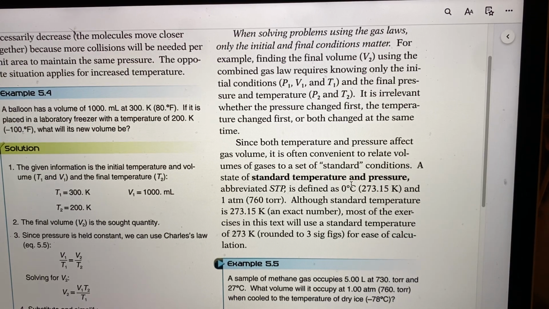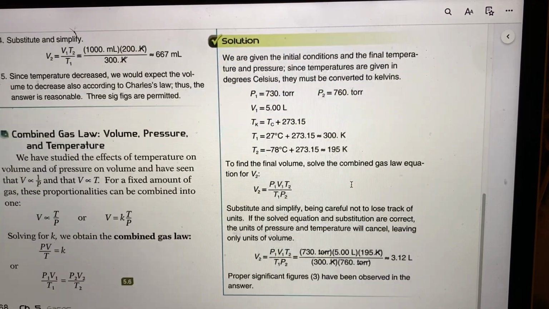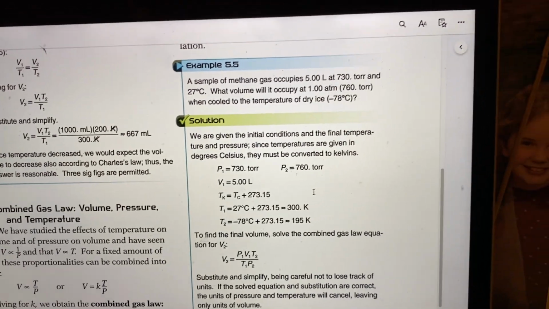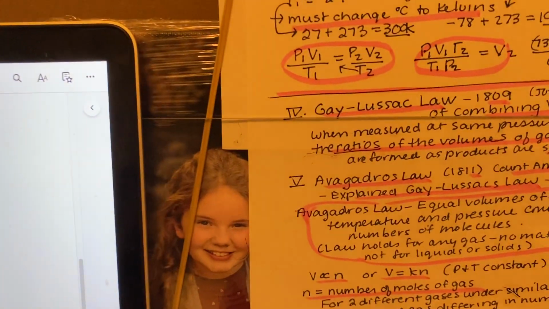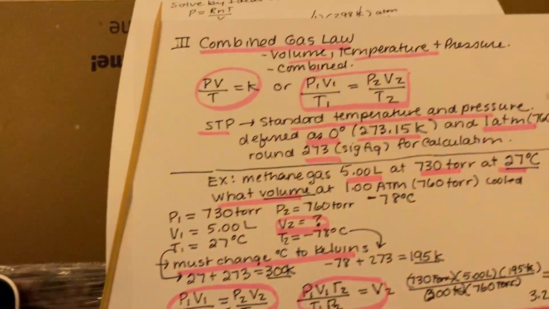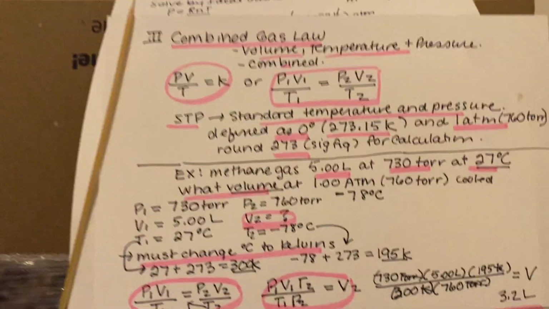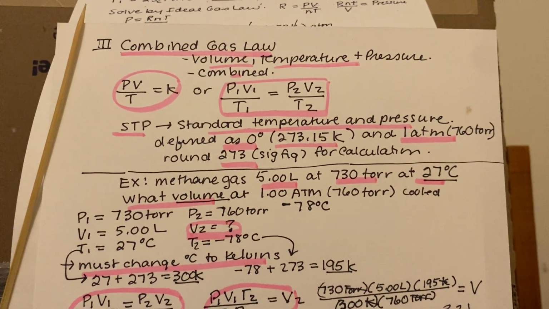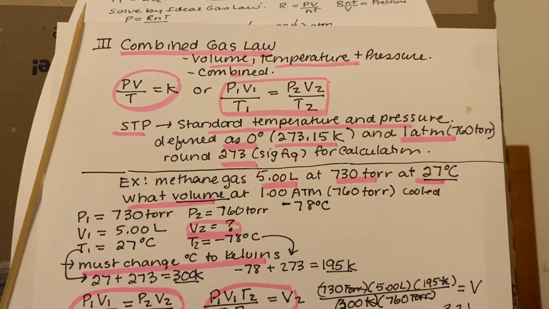So now we just have equations to figure this out. The reason we're combining is that we're going to have equations. I'm going to put these on my notes as I do these questions for the combined gas laws. Basically, with the combined gas law we're talking about volume, temperature, and pressure all together.